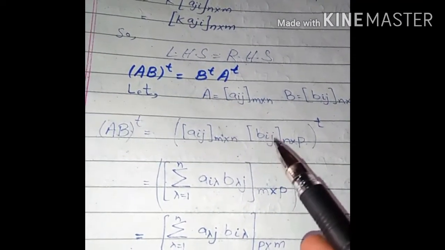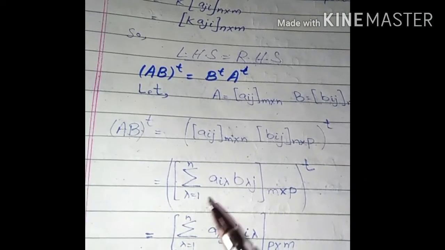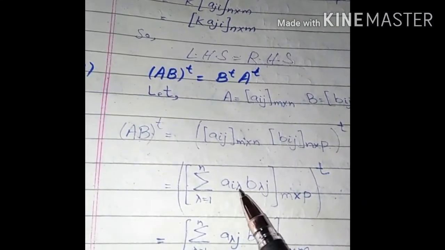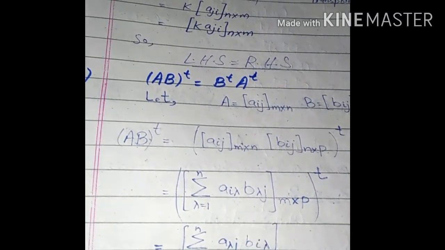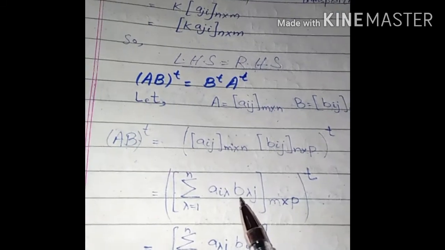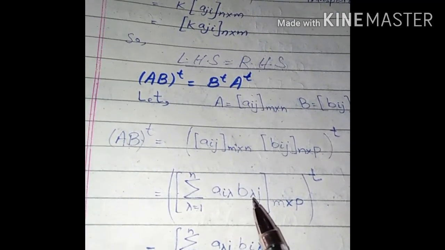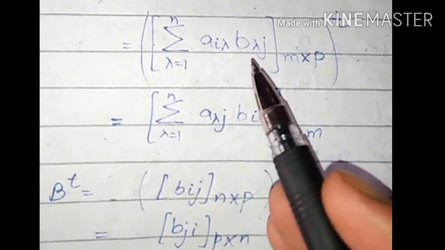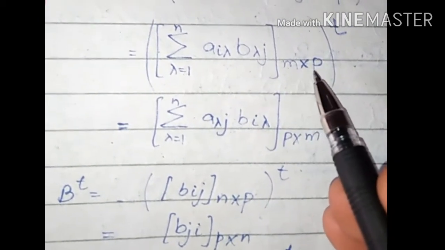We can multiply and take the whole transpose. After multiplication we take the result: sigma lambda from 1 to n, a_i lambda b_lambda j, where lambda varies, with order m cross p and whole transpose.